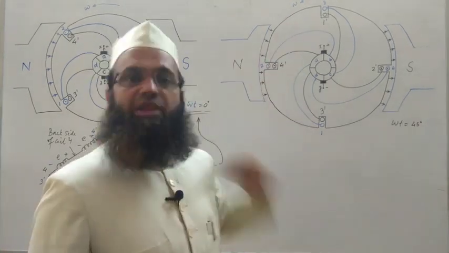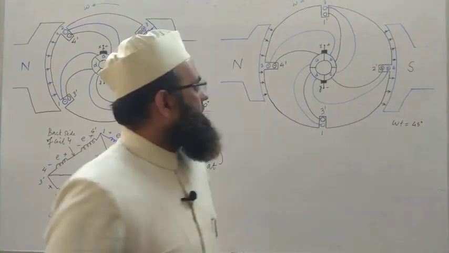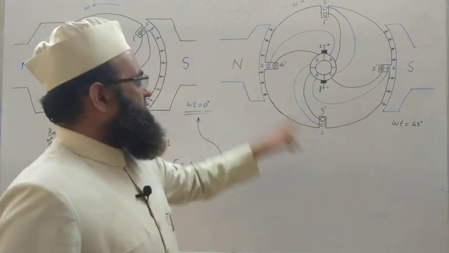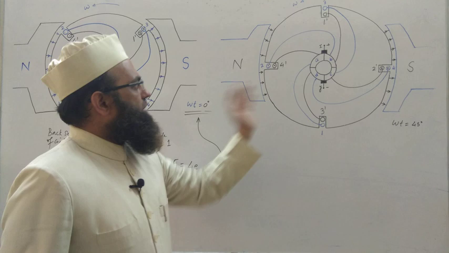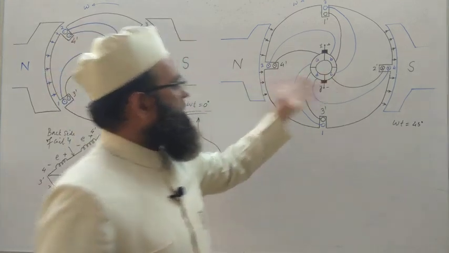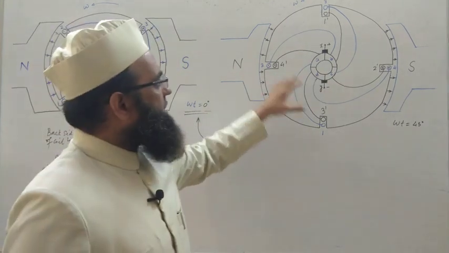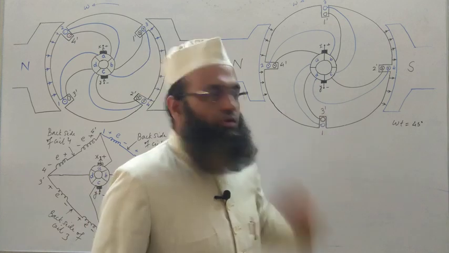Hence no EMF will be induced. But the other two coils, coil number 4 and 2, are in north and south regions, so EMFs will be induced in these two coils only.